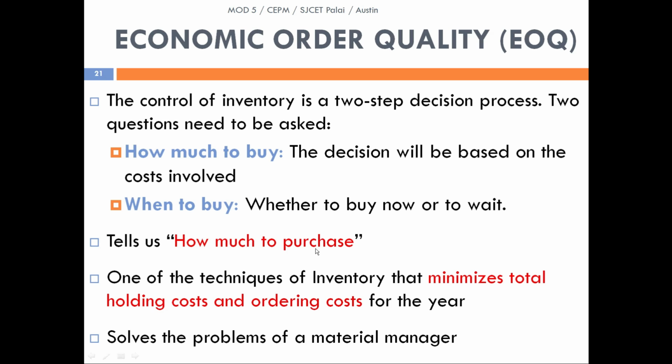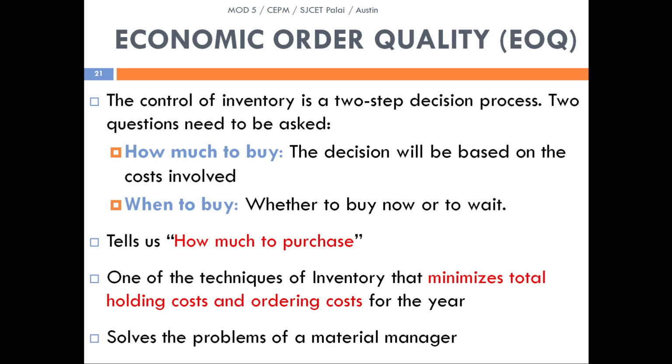So it tells us how much to purchase and when to purchase. It is one of the techniques for inventory that minimizes the total holding cost and ordering cost for the year. It solves the problem of a material manager. One of the major issues in material management is the amount of inventory to be stocked, whether ample, less or more.